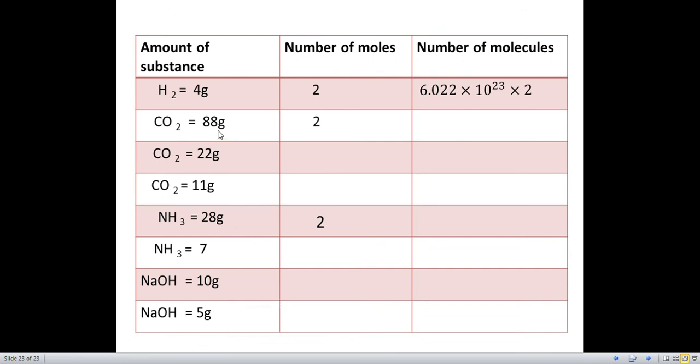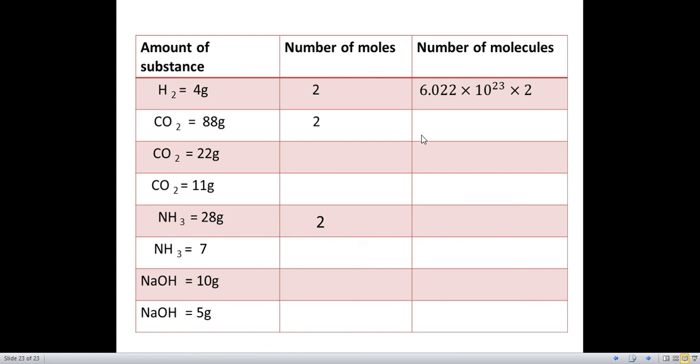If we take hydrogen 4 grams, number of moles 2, molecules 6.022 × 10^23 times 2. Carbon dioxide, 44 grams is 1 mole. I have taken 88 grams, so the number of moles 2, number of molecules, can you guess?